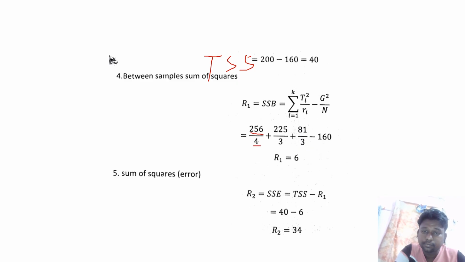And for the next, 225 is the B Ti square value, and it has 3 columns.